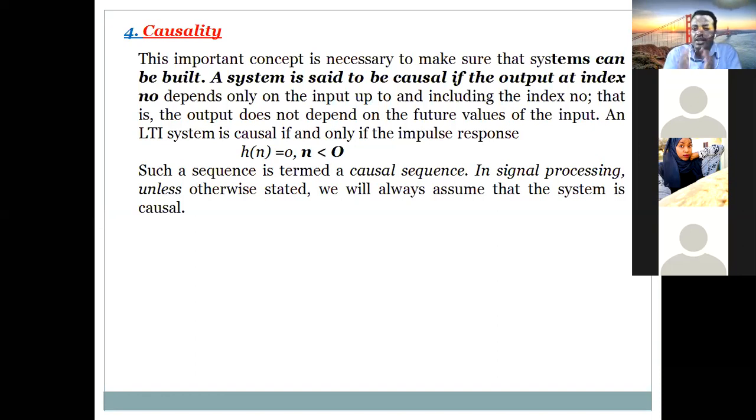But in many systems, like economic systems, business people, the output at this time depends on the future, right? As you know, the price of any material when you go to the market depends not only on the past demand, it depends on the future demand.